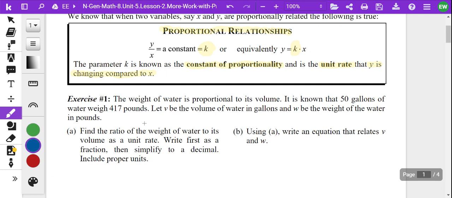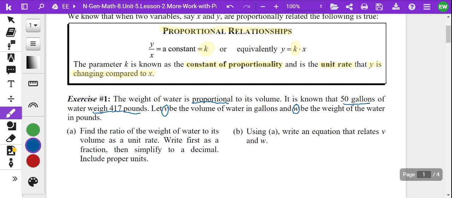The weight of water is proportional to its volume. Okay, so most of your problems are going to say it's a proportional relationship. We know that 50 gallons of water weighs 417 pounds. Let V be the volume of water in gallons and W be the weight of the water in pounds. So the first thing we have to determine is what depends on what.